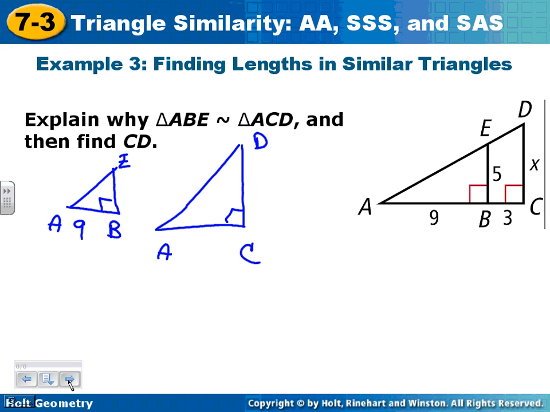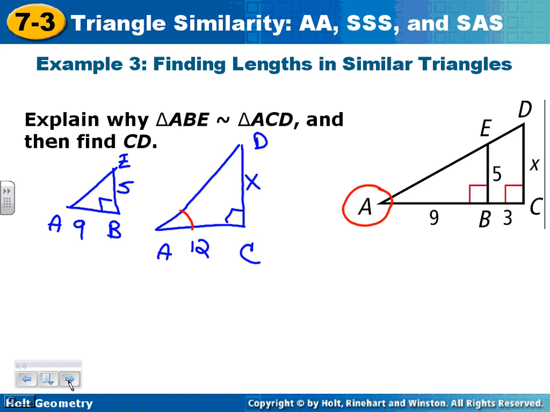AB would be 9. B up to E, that'd be a 5. Now from A to C, you have to write 9 plus 3. That'd be a 12. And that would be an X, which we're going to solve for here in a moment. Do I have any angles that are congruent? This angle A is a shared angle.